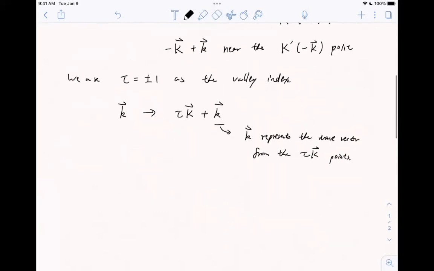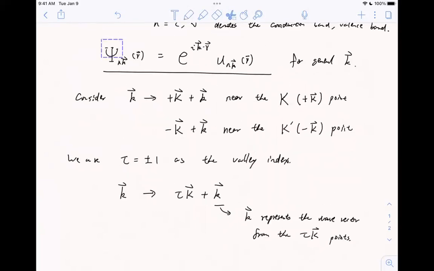Okay, so how do we do the expansion? So we use this one, copy.